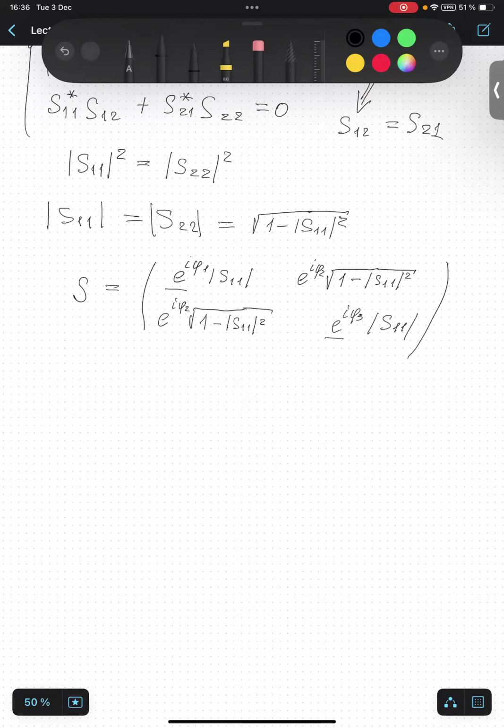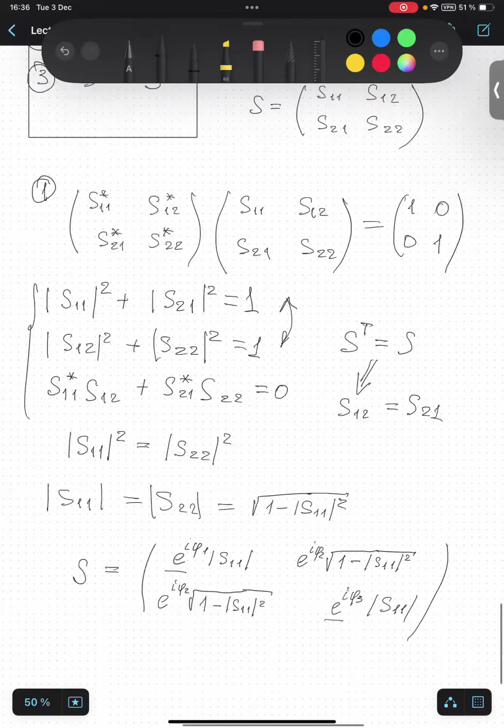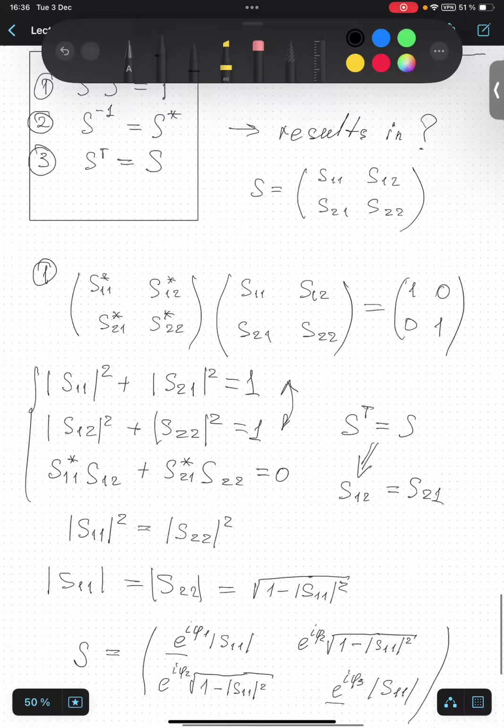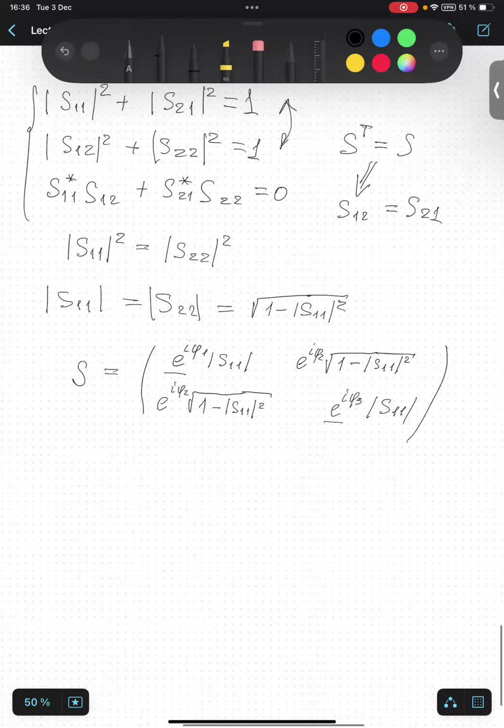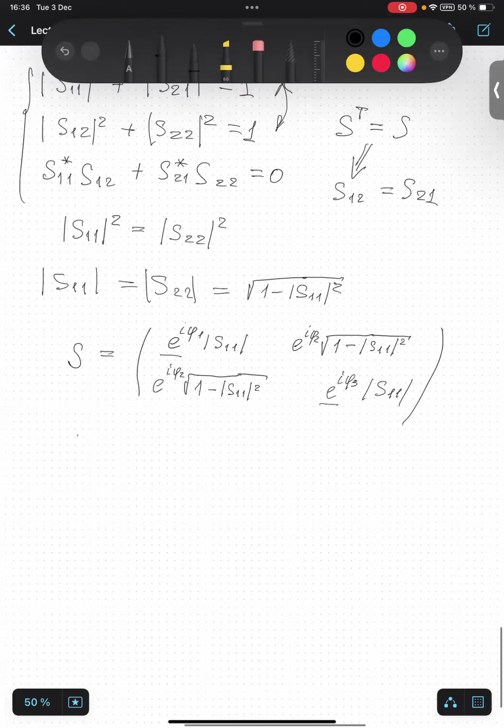To solve it, we also need one more relation. So consider the second property, the inverse matrix. So I will rewrite the second property: S conjugated.